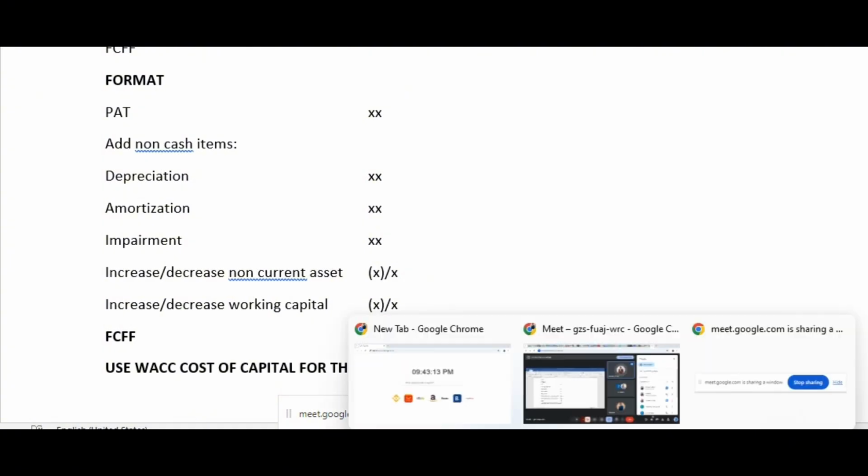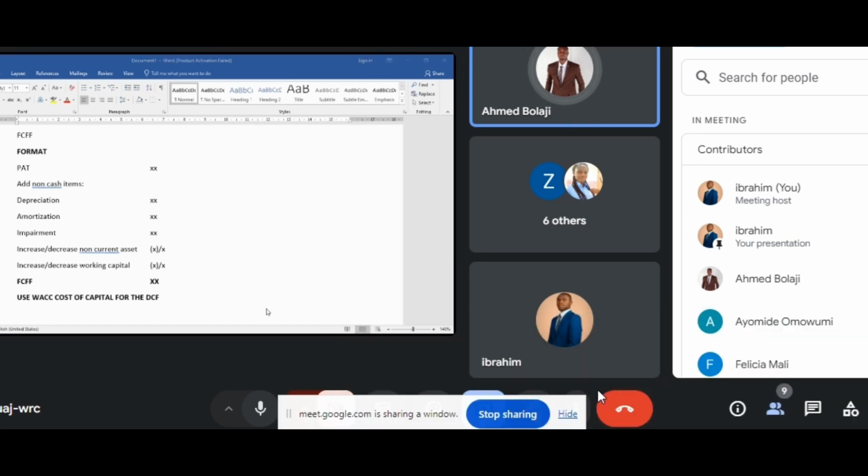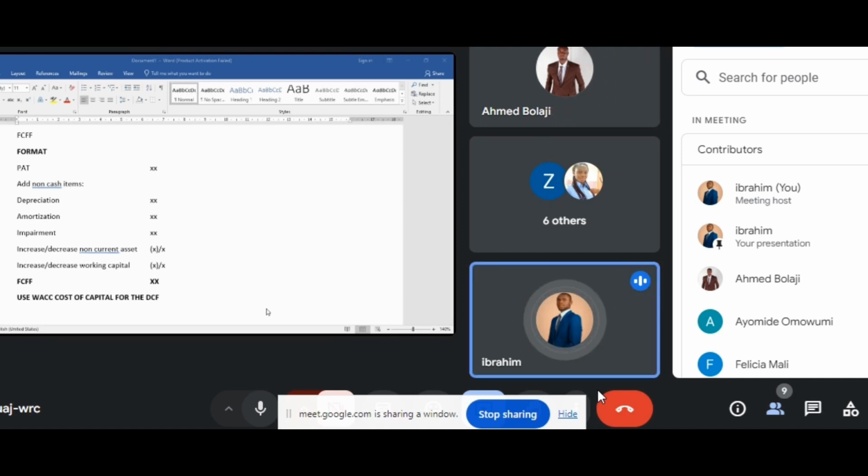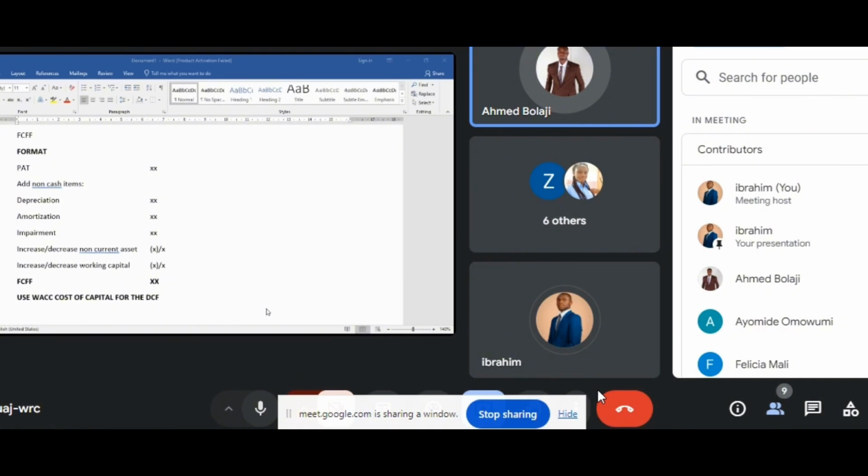So for free cash flow to equity holders, what discounting factor would they use? Is it cost of equity? We'll get there.